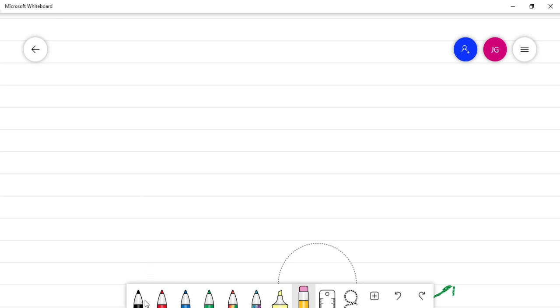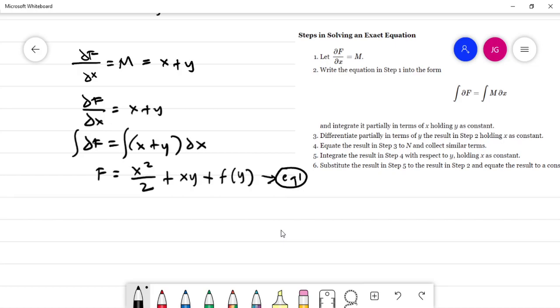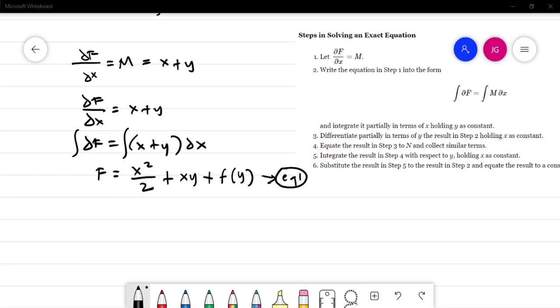Okay, back to the top. After this one, we proceed to step 3. Step 3 is to differentiate equation 1 with respect to y holding x as constant.